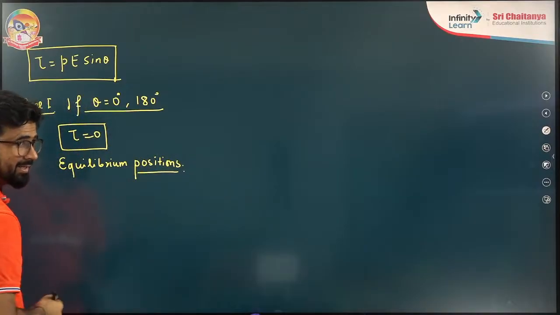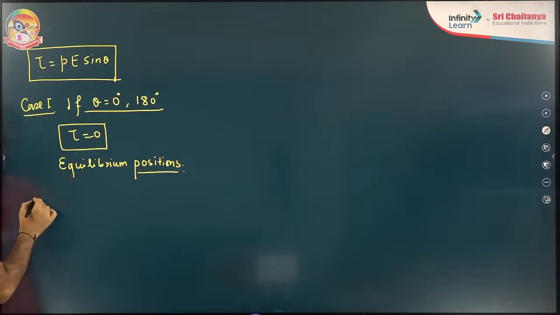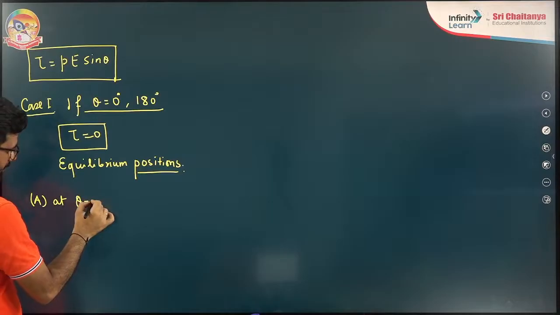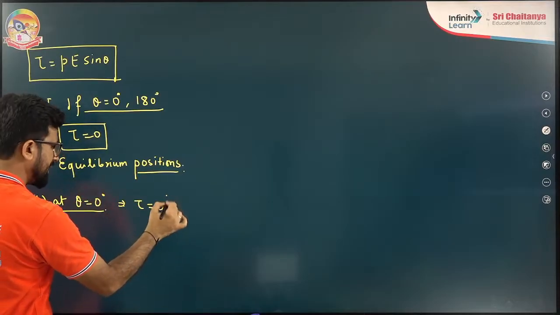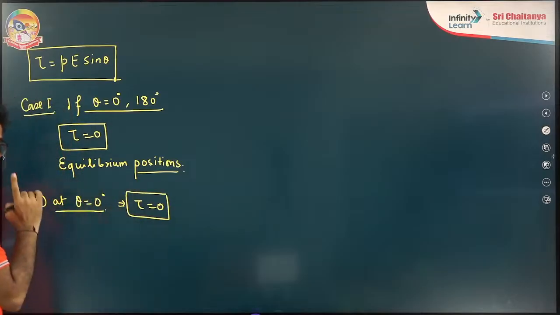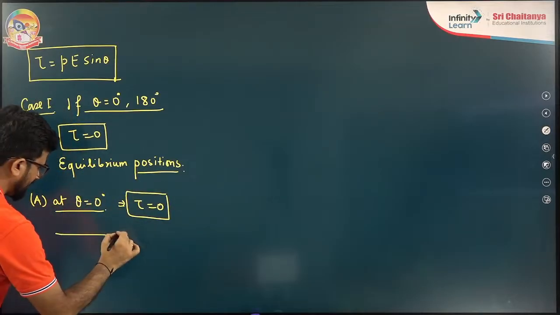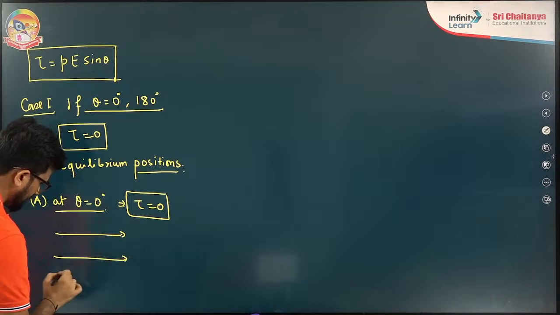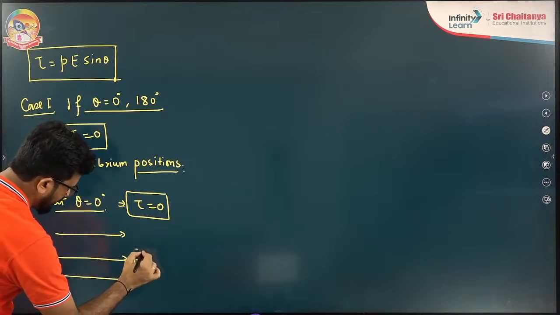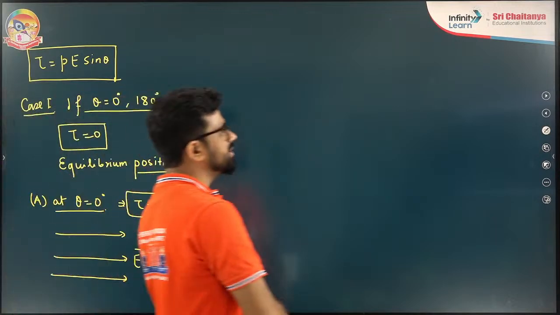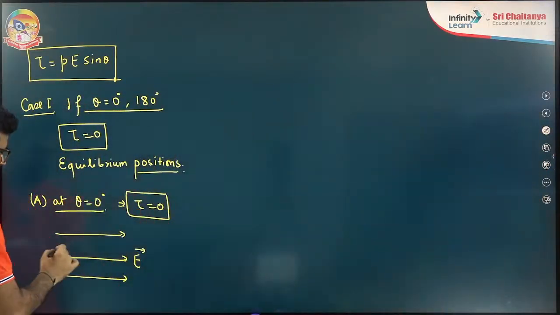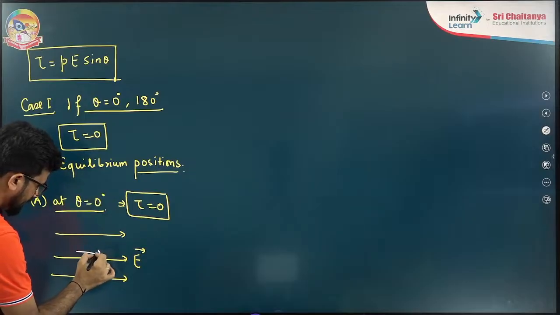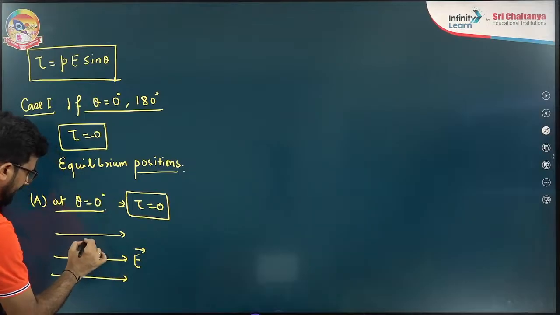I am explaining in detail. Listen carefully. At first, theta equal to 0 degree. If you say theta equal to 0, directly you will say the torque is equal to 0. That means equilibrium, no problem. But listen carefully. This was the field. In the same direction of the field, if you take the dipole, that means the dipole direction is also the same.